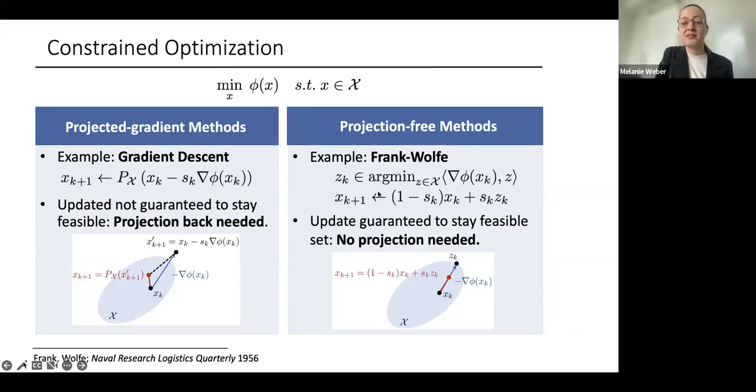And finding that point is implemented by a subroutine called the linear oracle, which is written here. So basically, our first step in the Frank-Wolfe algorithm would be to call the subroutine and find this point s_k. And then in the Euclidean setting, we just linearly interpolate between our point xk and that point s_k that the linear oracle returns.